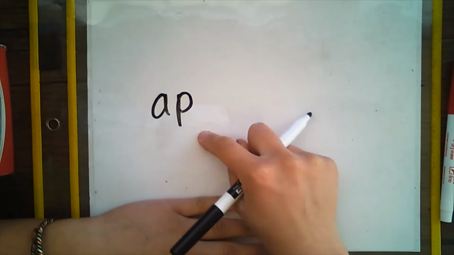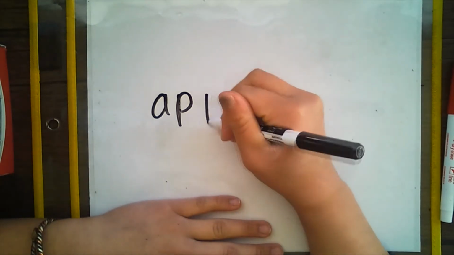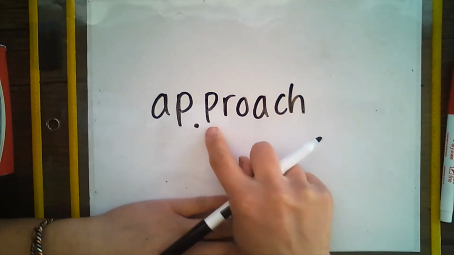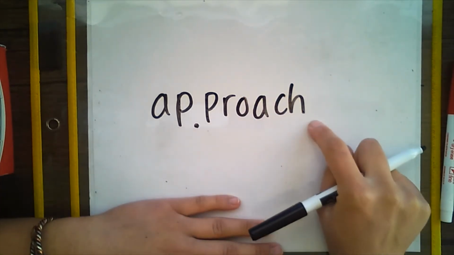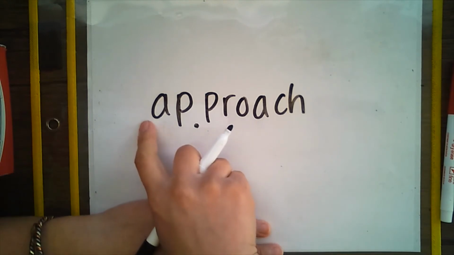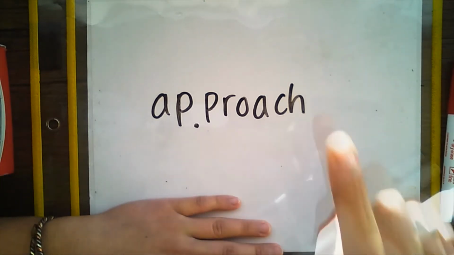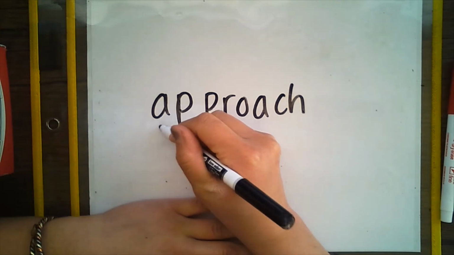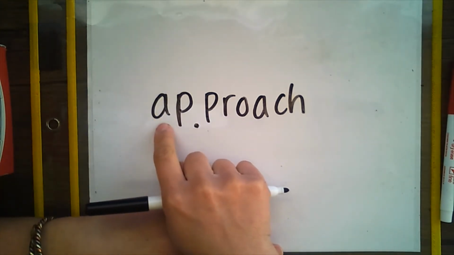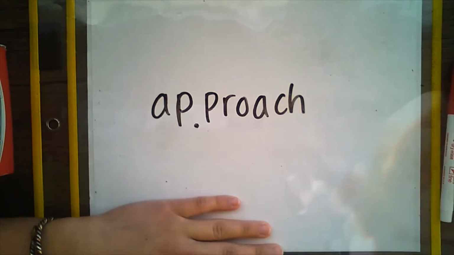Read, ap. Read, proach. Try for the real word, approach. My friends, we have another schwa here where the A is. It changed from a to uh, and we call that a schwa.